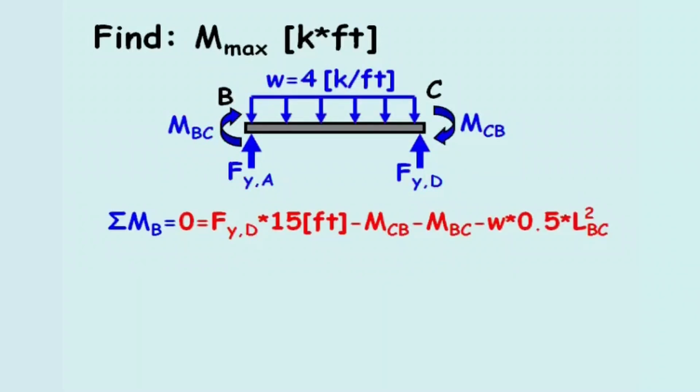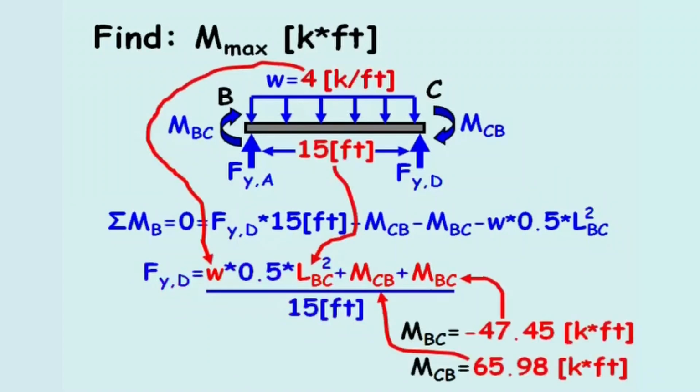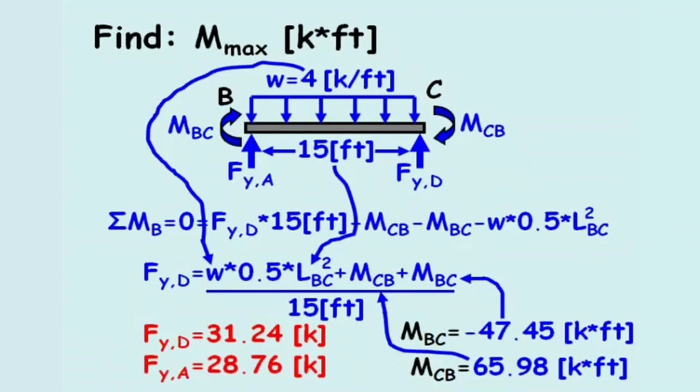The moments are taken about joint B, set equal to 0, and the vertical reaction force at joint D is isolated. The continuous load, the beam length, and the moments are plugged in, and the vertical reaction force at point D equals 31.24 kips. And from vertical force equilibrium, the vertical reaction force at point A equals 28.76 kips.